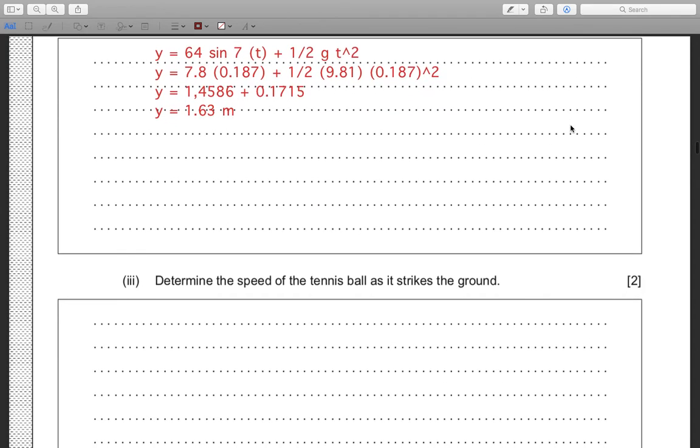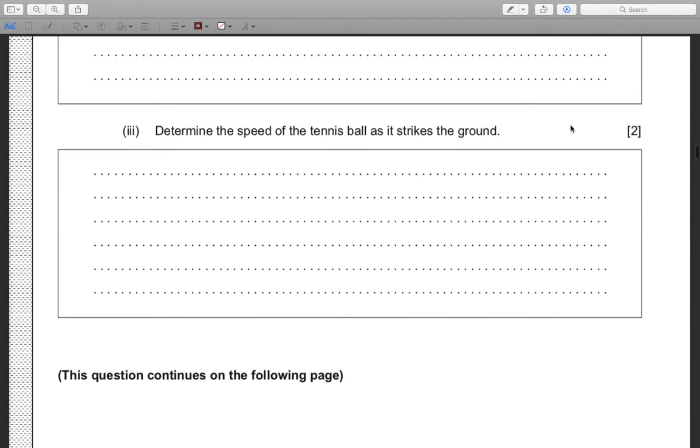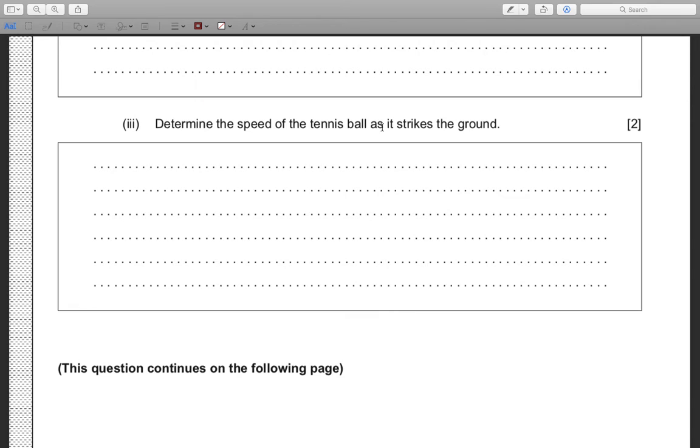Now question three. Determine the speed of the tennis ball as it strikes the ground. Okay, speed.